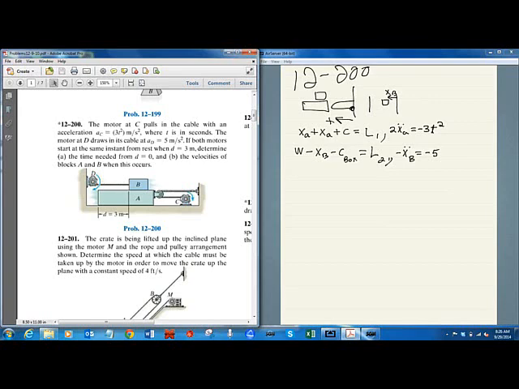Right, so x_A double dot is equal to minus 1.5 t squared. So what this means is dv/dt is equal to minus 1.5 t squared dt.